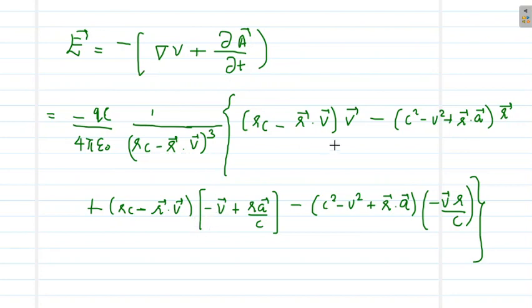So that term will cancel out the first term of this term, and only the remaining terms will remain. And even in those terms we have certain terms as common. We have c square minus v square plus r bar dot a bar as a common term here. So let us rewrite these equations.